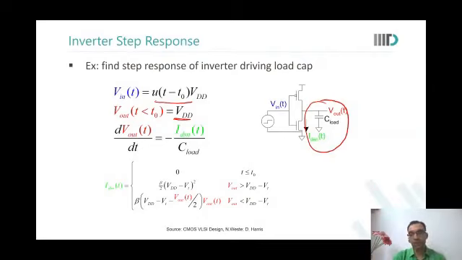We already discussed in the last class, in response to one of your questions, why we did not consider C load in the transfer characteristics. Because the inputs and outputs are not changing, so capacitance is not relevant. However, in a transient analysis, V out is changing over time. Therefore, C load starts to figure in. What will be the impact of C load on the current waveforms? Any ideas?